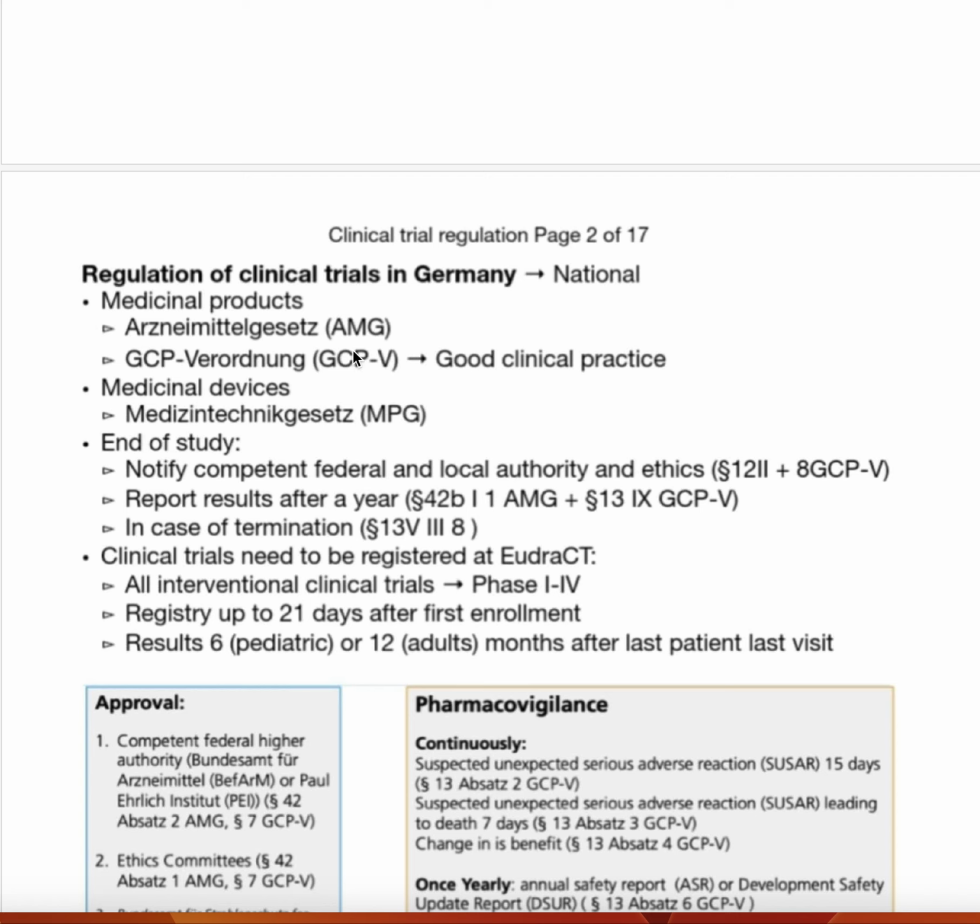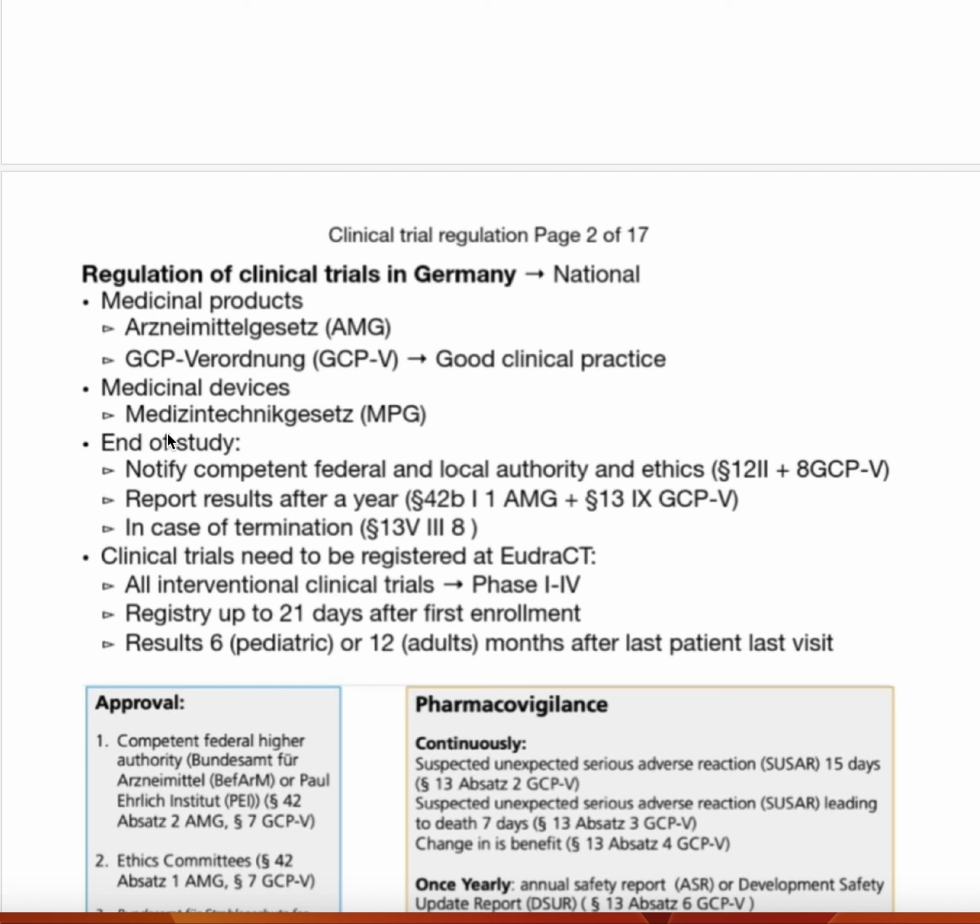Okay, so AMG is related to the medicinal product. And we have also the GCP-V, the Good Clinical Practice Ordinance, because we know GCP is good clinical practice and Verordnung means regulation. So that is related to the medicinal products.